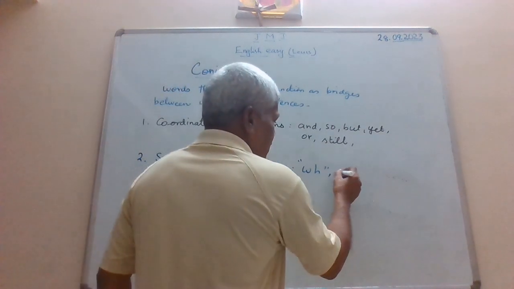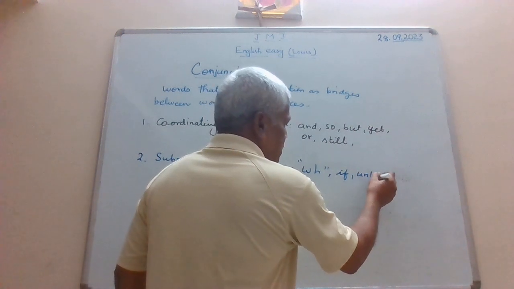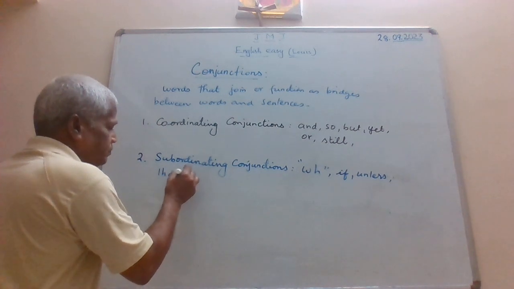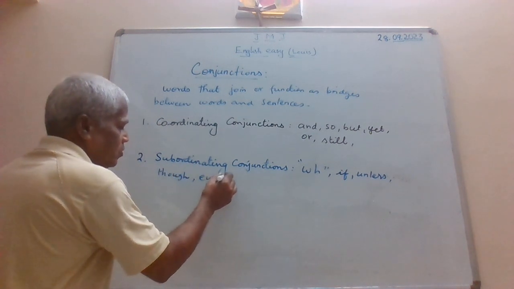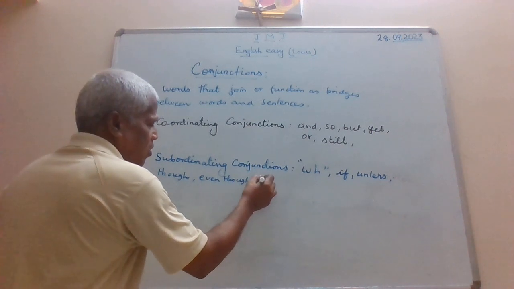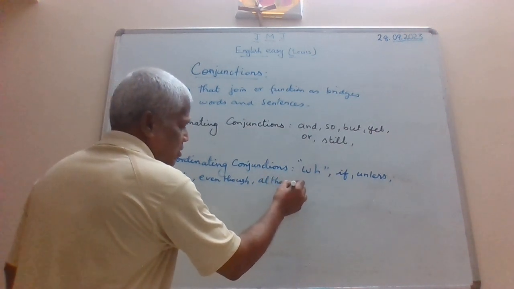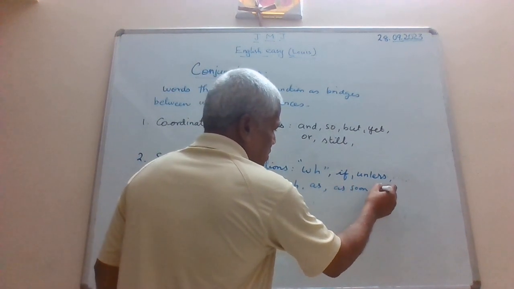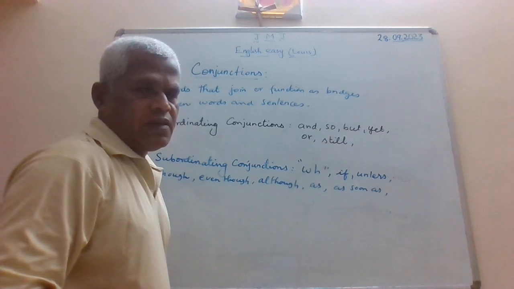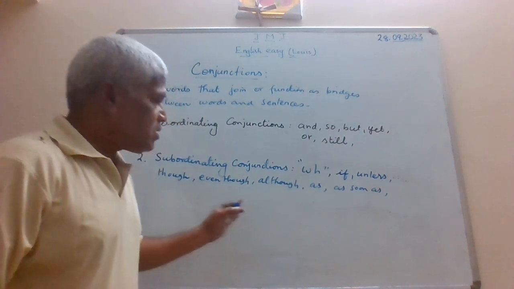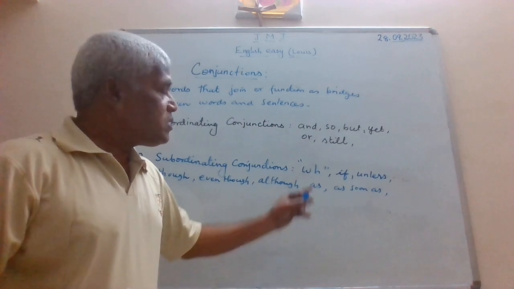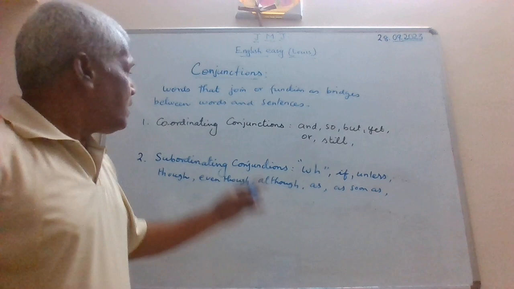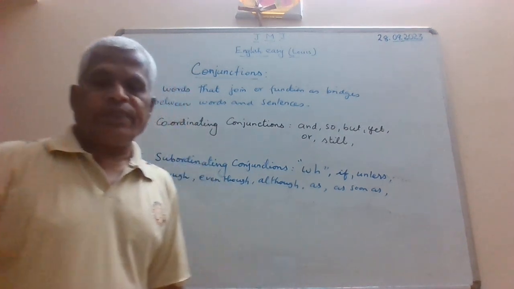And then words like if, unless, so many are there. Though, even though, although, as soon as. All these words you can just go on adding. So all these words are known as subordinating conjunctions. Coordinating conjunction, subordinating conjunction.